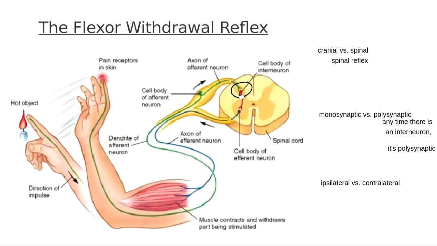It's the same thing. That meets up with my interneuron. That is one synapse. That interneuron processes the information and passes it on to a motor neuron. There's my second synapse. Because I have more than one, polysynaptic means I have at least two. Because I have more than one synapse, this would be a polysynaptic reflex.